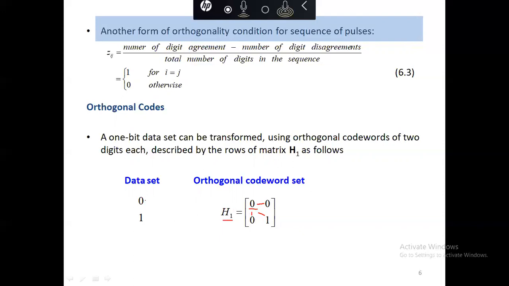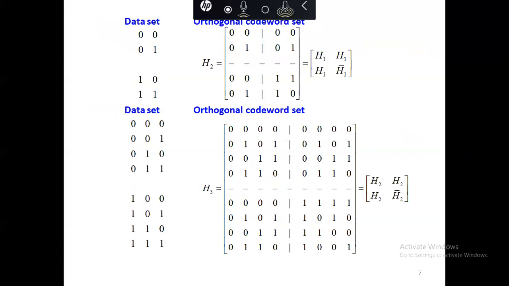So this will help to represent a data set of 0 and 1. In order to represent a data set having 2 bits, we need Hadamard matrix 2, and this will be generated from Hadamard matrix 1. How can we generate it?